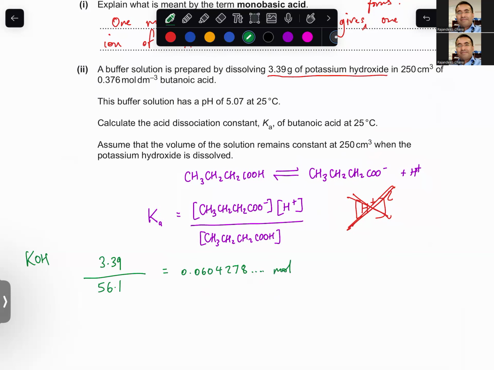Actually, we're going to react that with the butanoic acid. The butanoic acid, we've got 0.376. That's the concentration. Let's multiply that by the volume. Volume times concentration gives you moles. That gives you 0.094 moles.